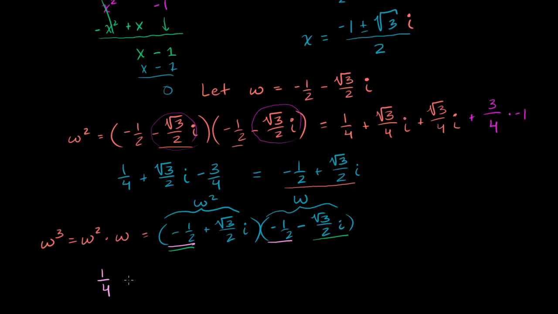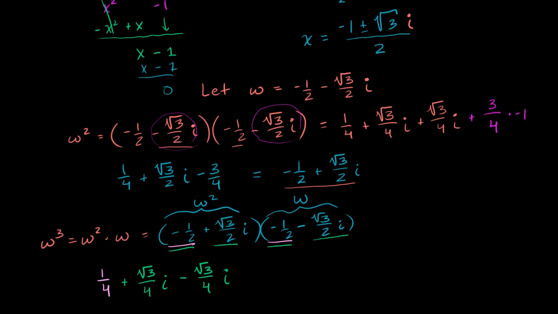Negatives cancel out, so we get plus square root of 3 over 4i. And then we can multiply this times this. Oh, no, it's not going to give us the same thing. Now one is negative and one is positive, so be very careful. -1/2 times positive square root of 3 over 2i is negative square root of 3 over 4i.